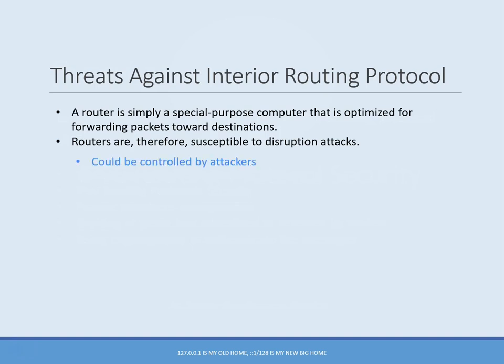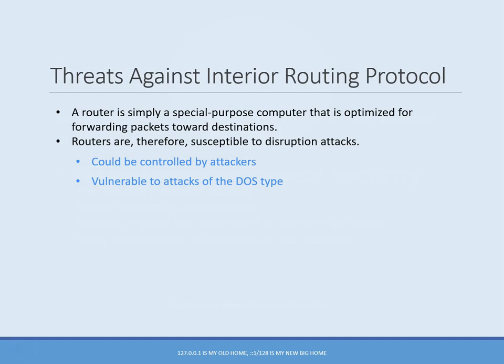Routers could be disrupted and their traffic rerouted in undetermined ways, and this means a router could be controlled by attackers. Routing loops, black holes, and network partitioning could all create a DoS situation.